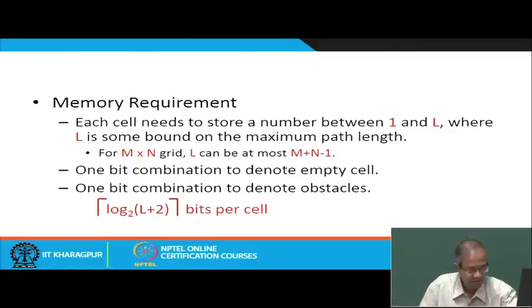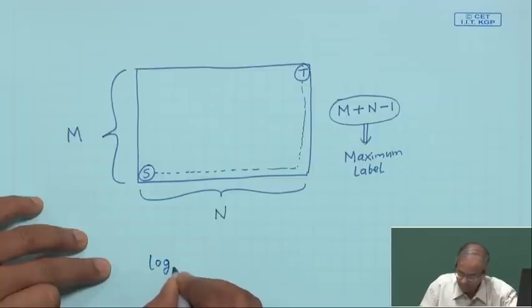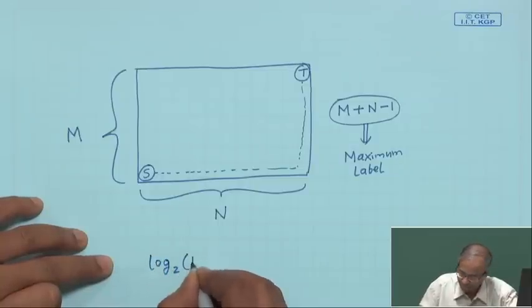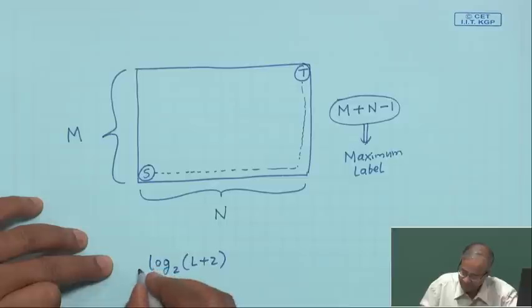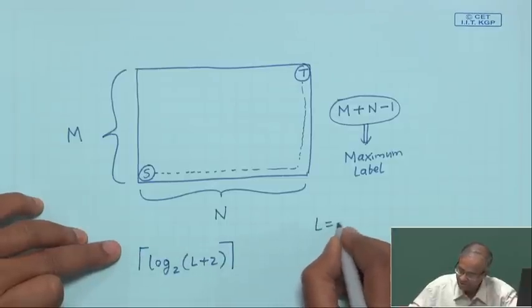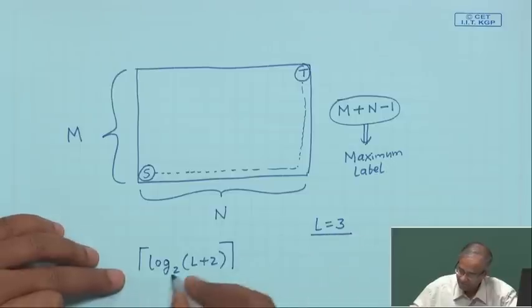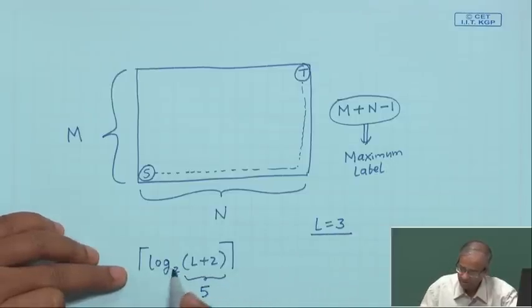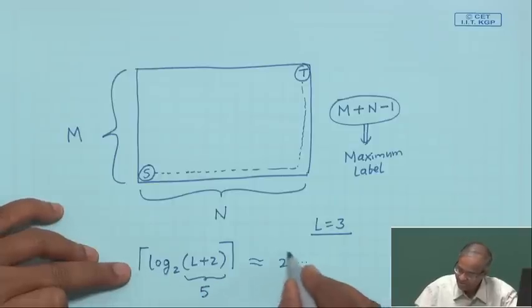Let us take an example, say L equal to 3. For L equal to 3, L plus 2 will be 5. Log to the base 2 of 4 means 2, and log of 5 means 2 point something. So, the smallest integer greater than or equal to this will be 3.